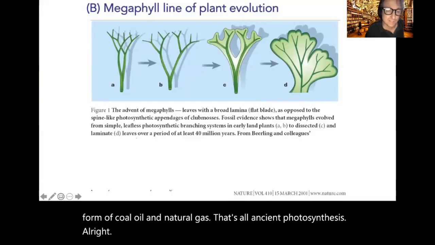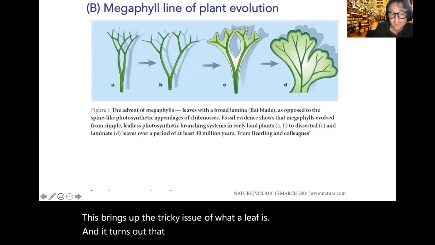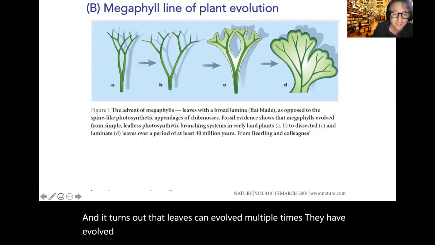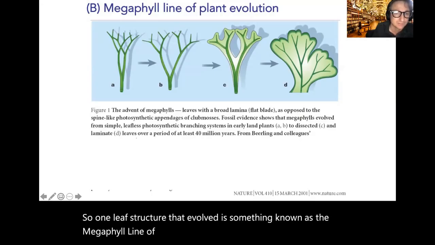So this brings up the tricky issue of what a leaf is. It turns out that leaves can evolve multiple times. They have evolved multiple times, leaf-like structures. One leaf structure that evolved is something known as the megaphyll line of plant evolution. This is a true leaf.